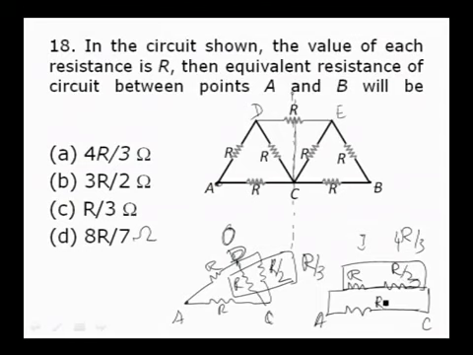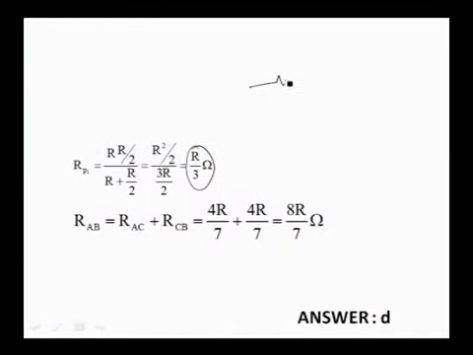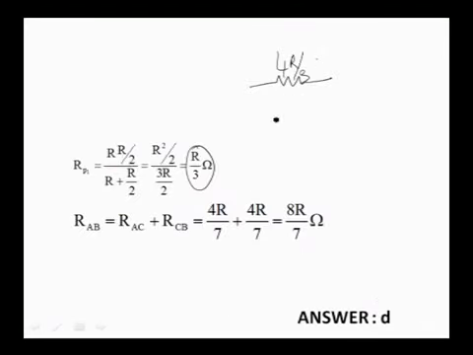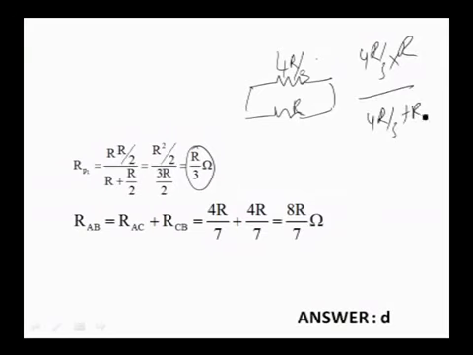4R by 3 is in parallel with R. Now I will go for the effective resistance here. This is 4R by 3 and this is R. Now you are going to calculate the effective resistance: 4R by 3 into R divided by 4R by 3 plus R. This is equal to 4R square by 3 divided by 7R by 3.